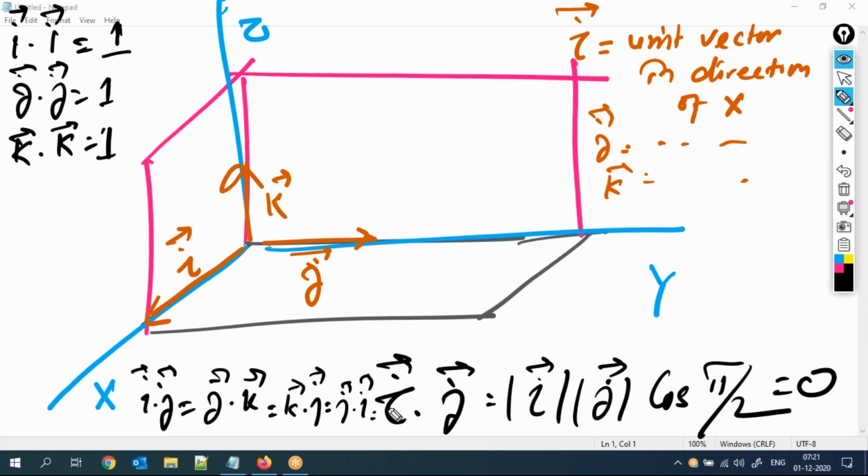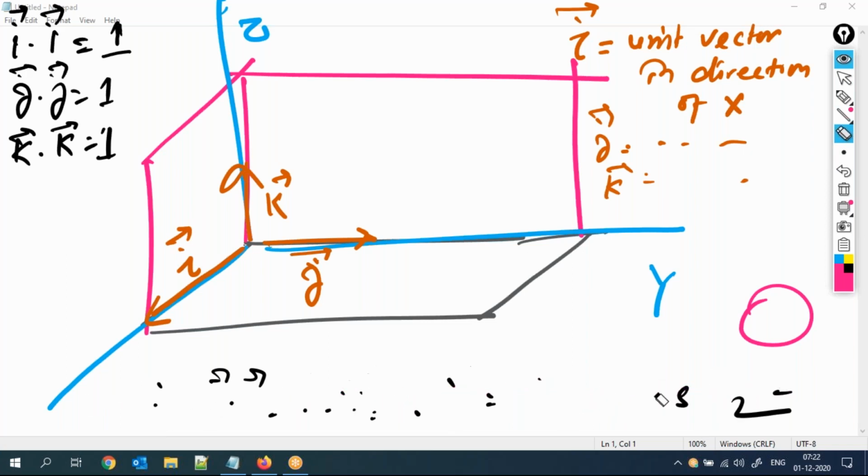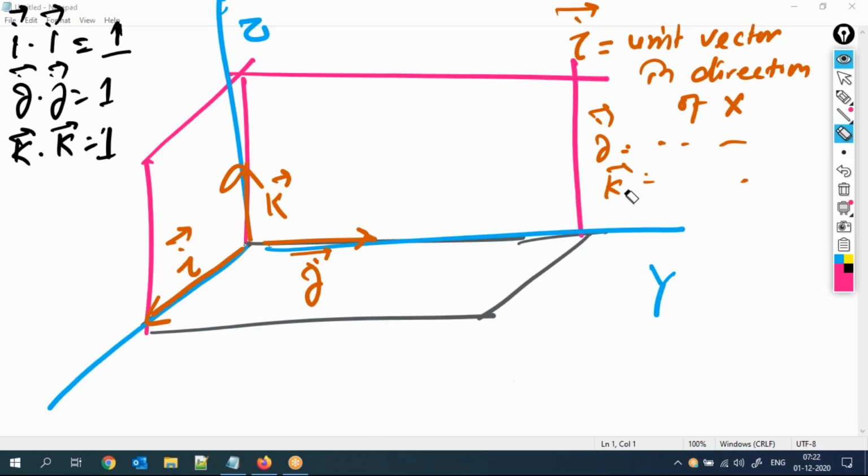Cos 90 equals what? Cos 90 is 0. Are we clear? But we were talking about i cross j. And what i cross j would be is very important.